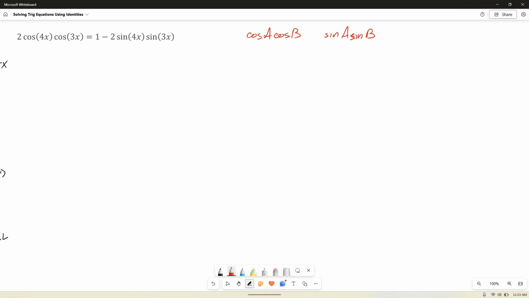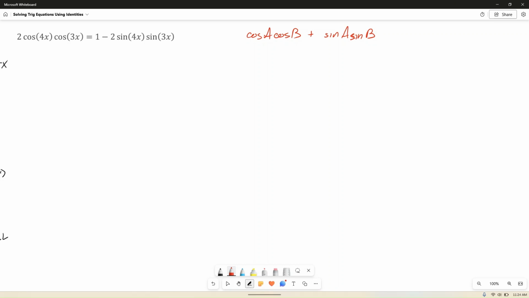But if we were to take that minus 2 sine 4x sine 3x and add it to the other side, it would look a lot like cosine A cosine B plus sine A sine B. And notice in both cases, the A's are both 4x's, the B's are both 3x's.